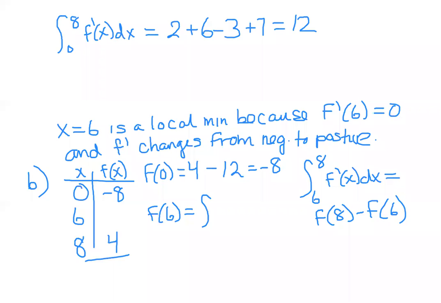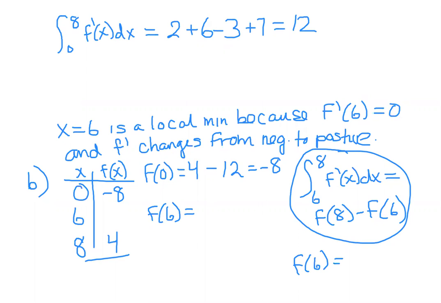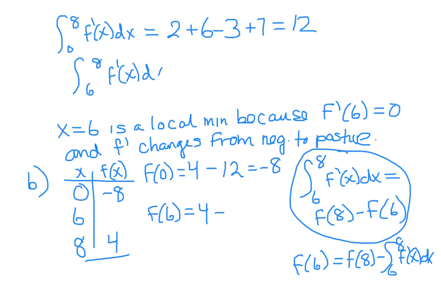Rearranging, f of 6 equals f of 8 minus the integral from 6 to 8 of f prime of x dx. Again, f of 8 is 4, and now we have to look at the integral from 6 to 8 of f prime of x dx. Looking at our graph, where is 6? 1, 2, 3, 4, 5, 6. 6 to 8 is just that last one.